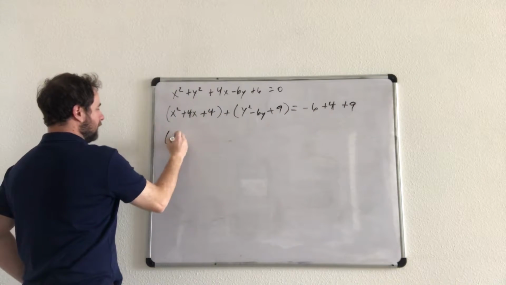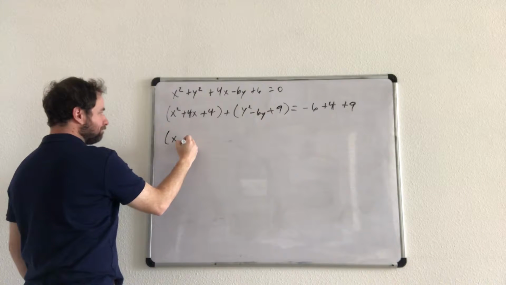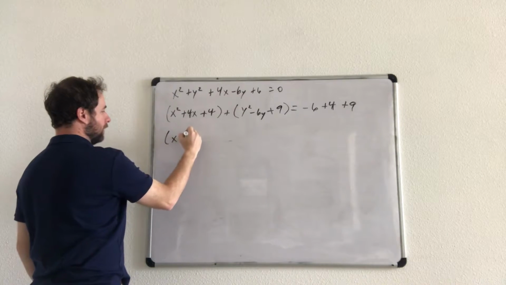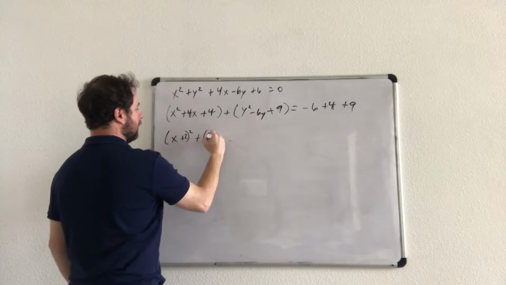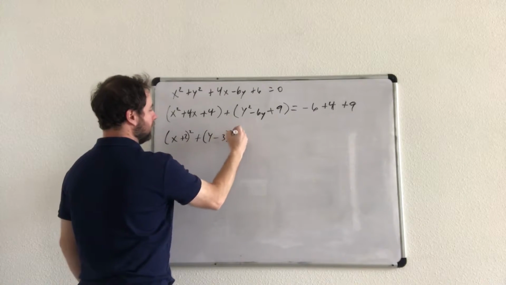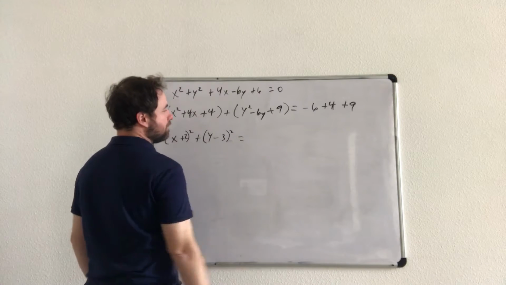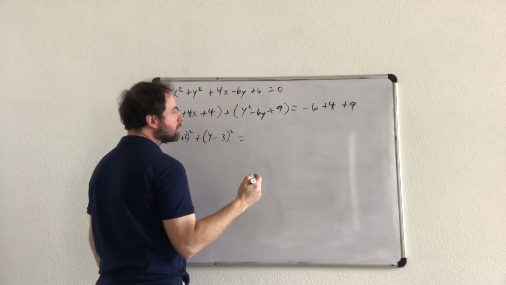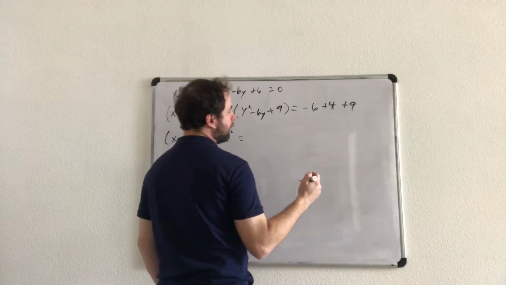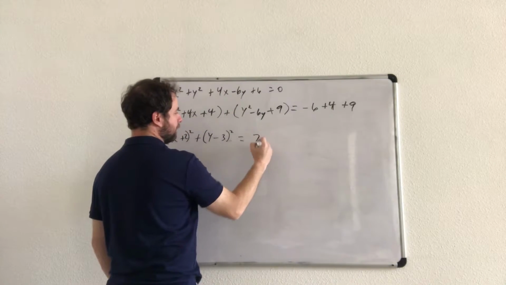Now, when we did that, we get a perfect square, which is (x plus 2) squared plus (y minus 3) squared equals, and on the other side, you end up with 13 minus 6. 13 minus 6 is 7.